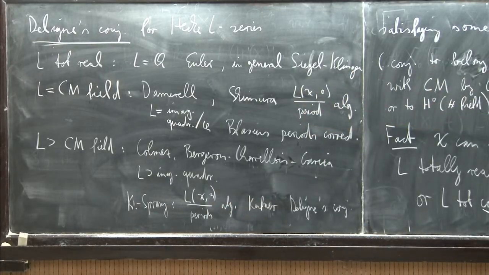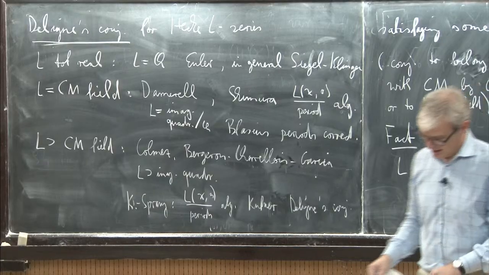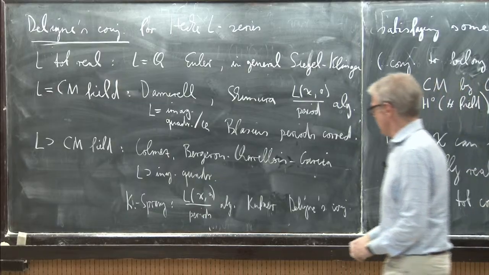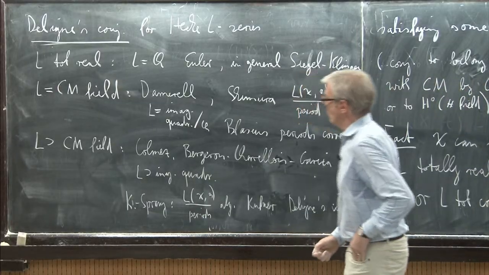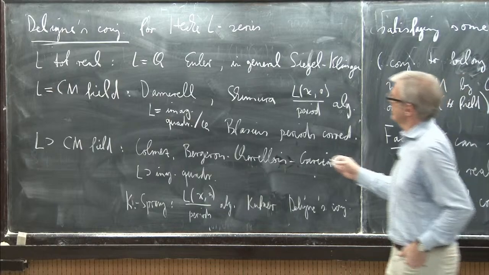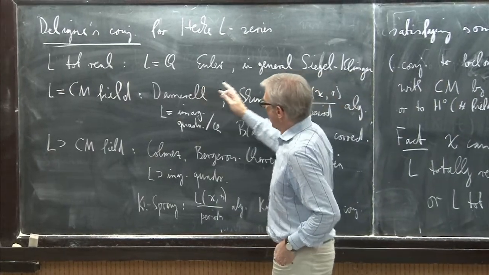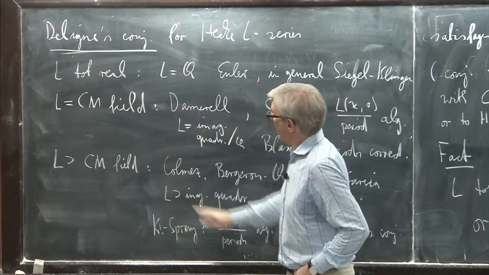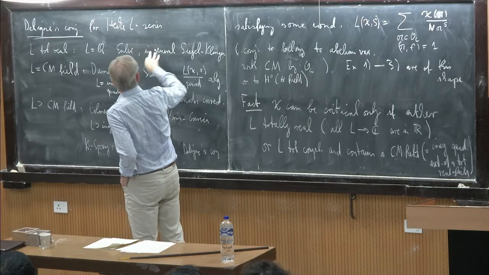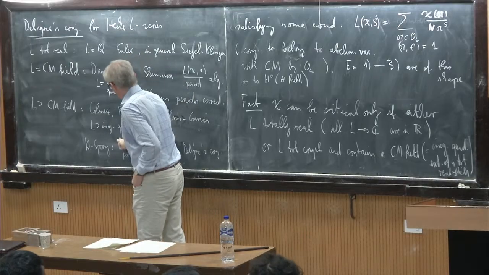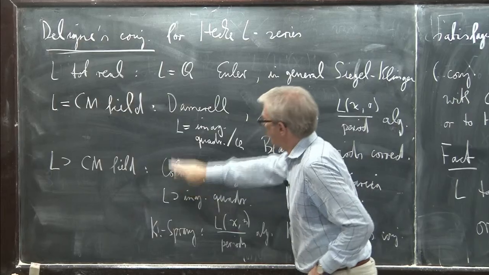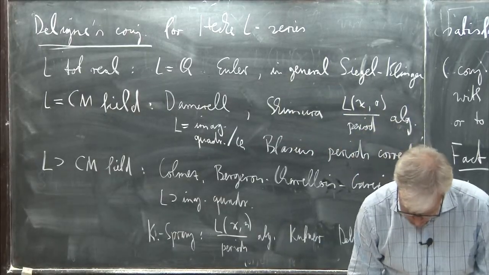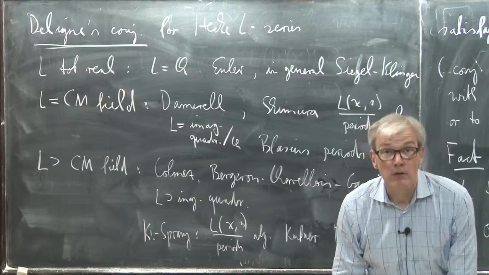That is what is known. And I want to explain in the next lectures how you can attack this, and also how one can attack both cases in a similar way.